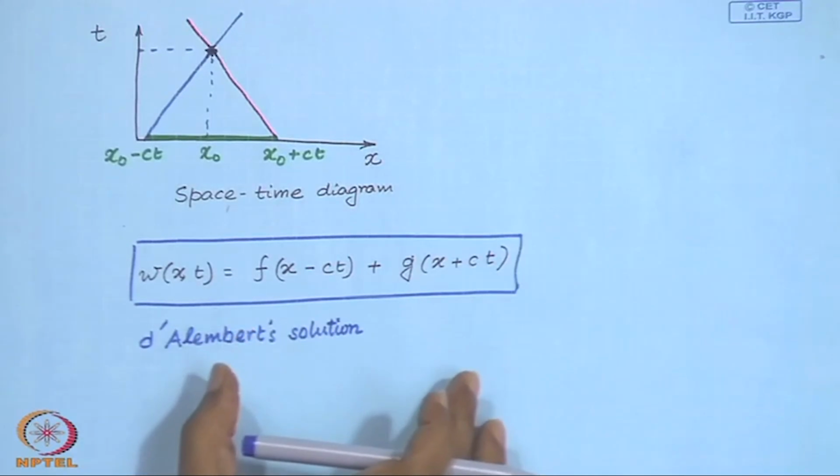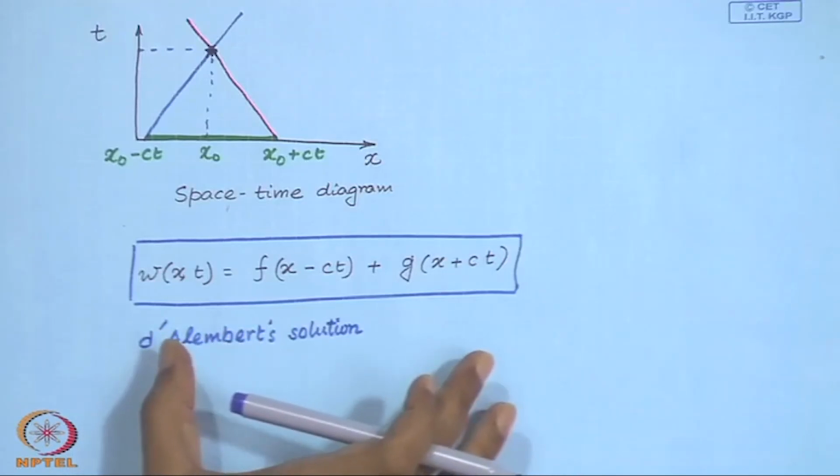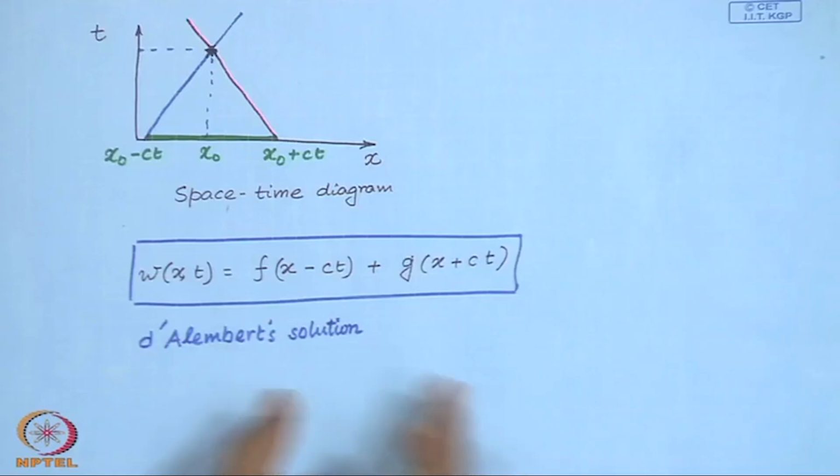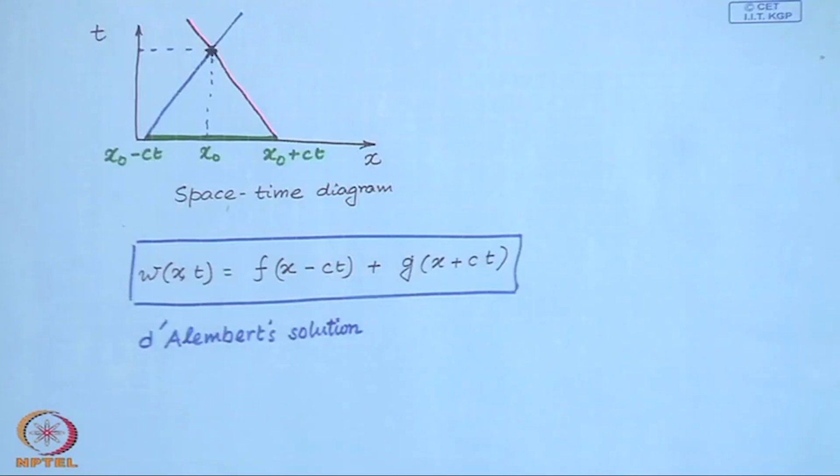So, this structure clearly shows that we can think about any solution of the wave equation in terms of positive and negative travelling waves.